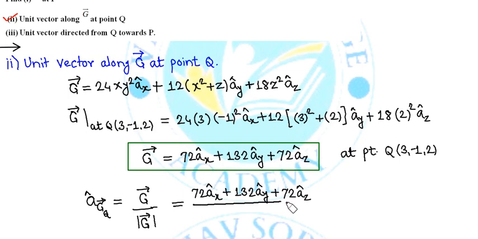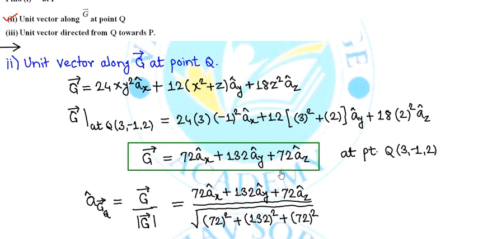So this is your given vector divided by its magnitude. So what will be the magnitude? Very first, this 72 square, then 132 square plus this 72 square over here, all in the square root, so that we can find its magnitude.